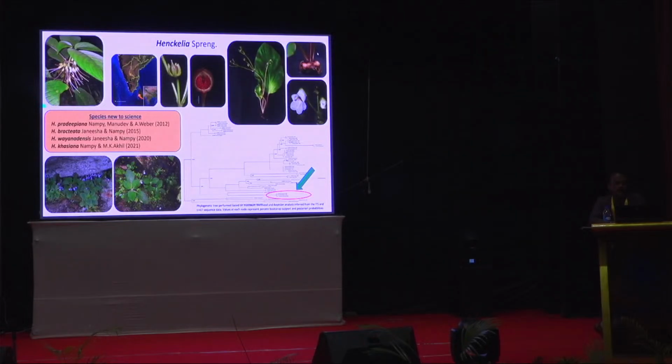Regarding Kengelia, there is a habit-wise separation: the climbing species are distributed in Sri Lanka as well as northern India, while the non-climbing species are confined to South India, except one species which also occurs in Sri Lanka.